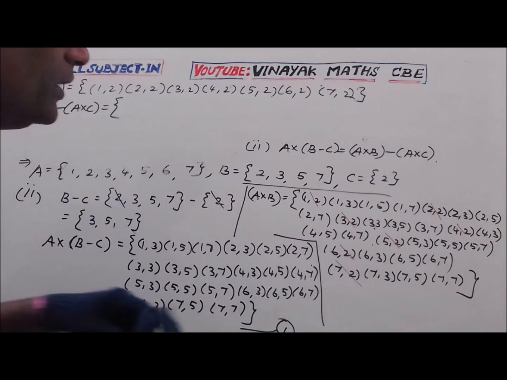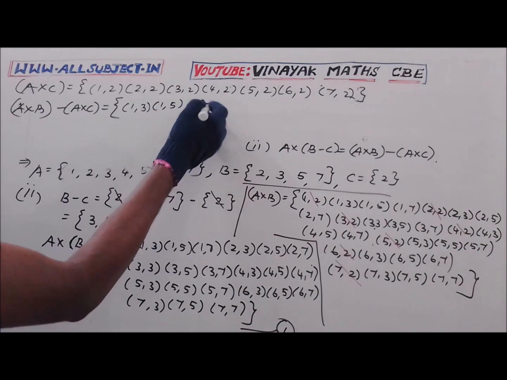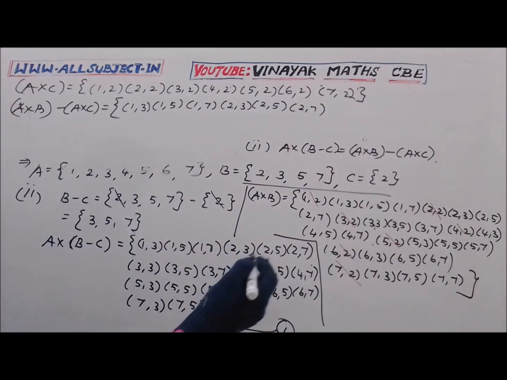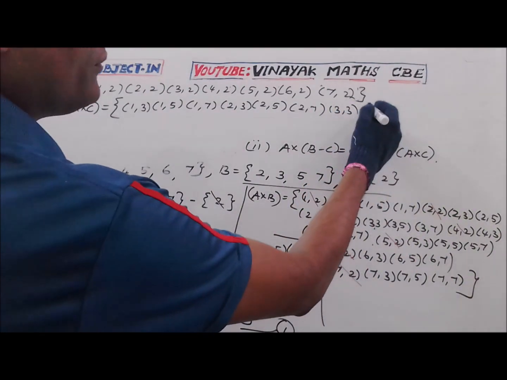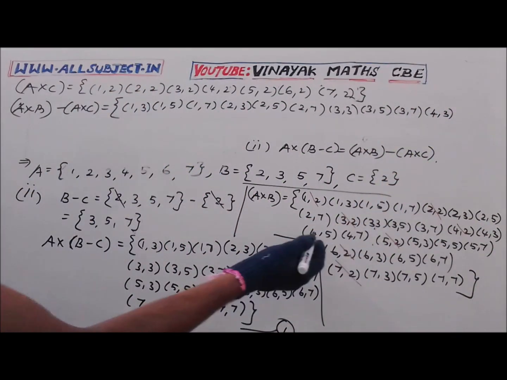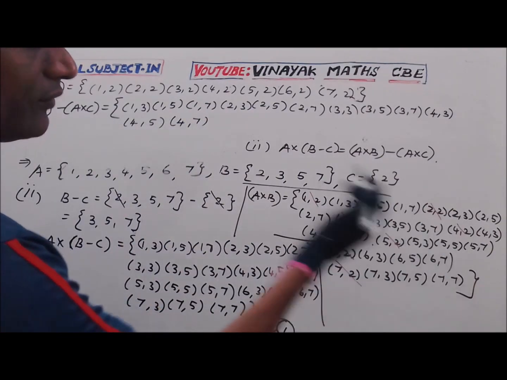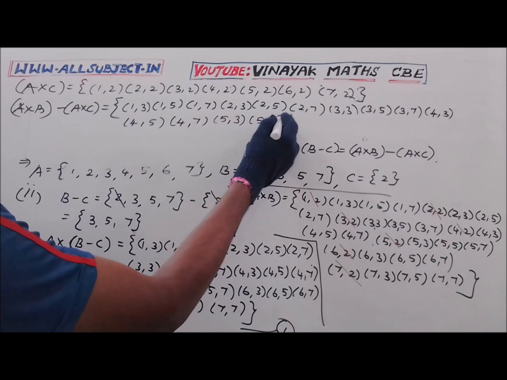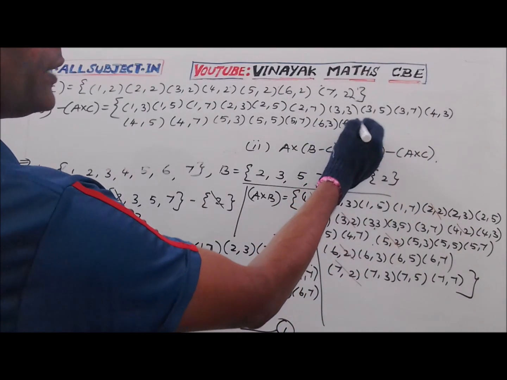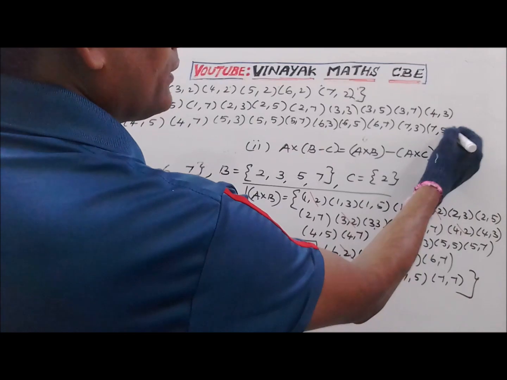Now the remaining elements of A cross B are 1, 3, 1, 5, 1, 7, 2, 3, 2, 5, 2, 7, 3, 3, 3, 5, 3, 7, 4, 3, 4, 5, 4, 7, 5, 3, 5, 5, 5, 7 and 6, 3, 6, 5, 6, 7, and 7, 3, 7, 5, 7, 7.